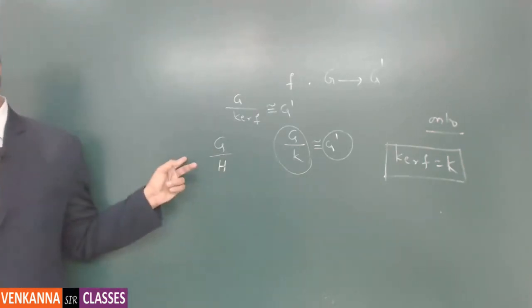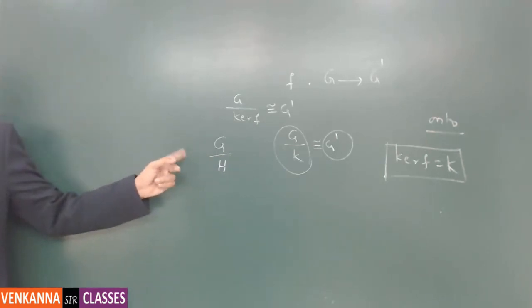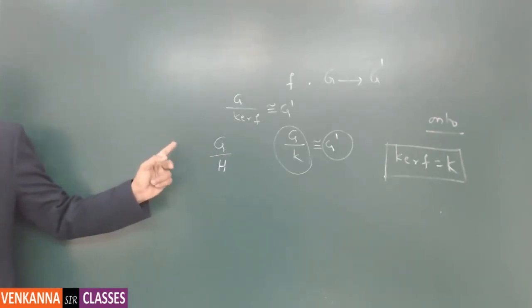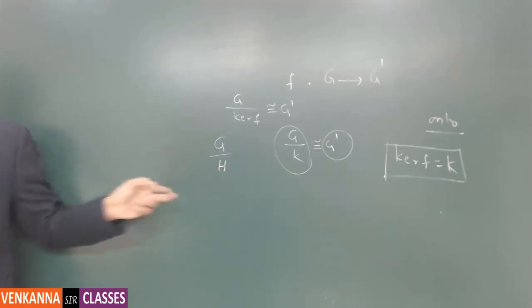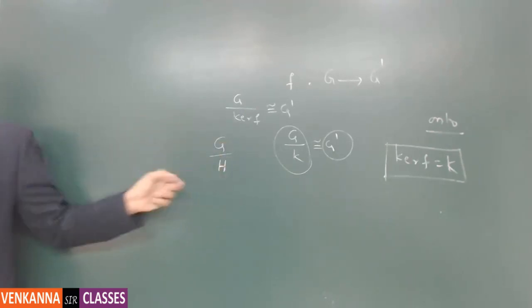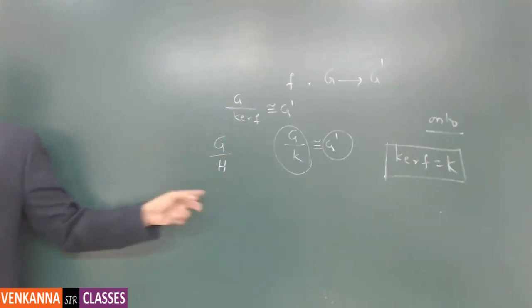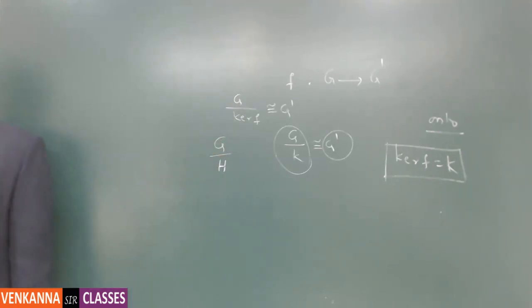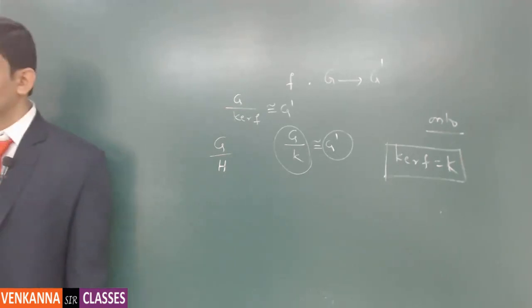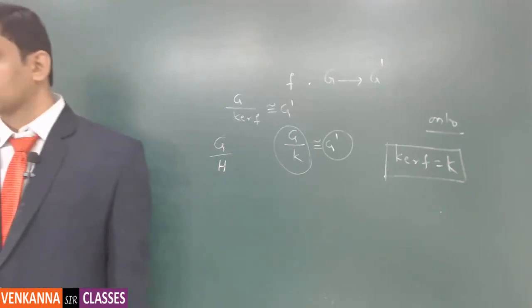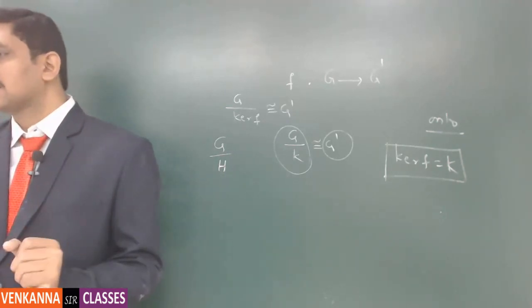If you write like this, we call it by a name. What is the name of this type of set? Can you recollect?